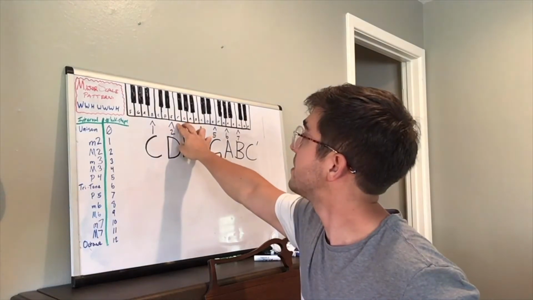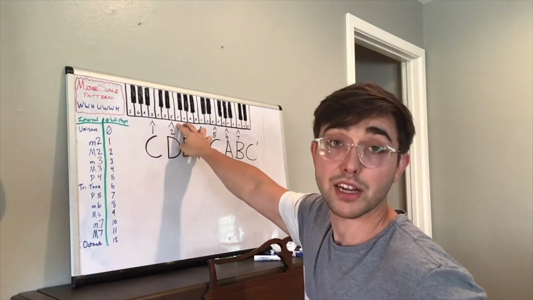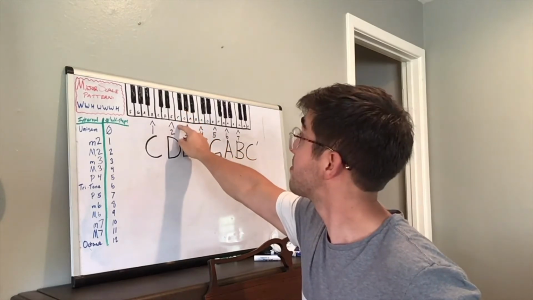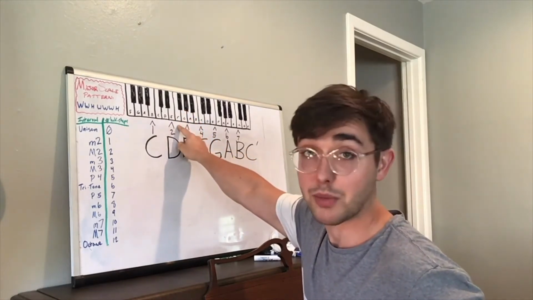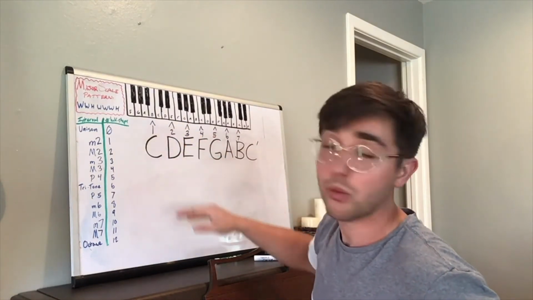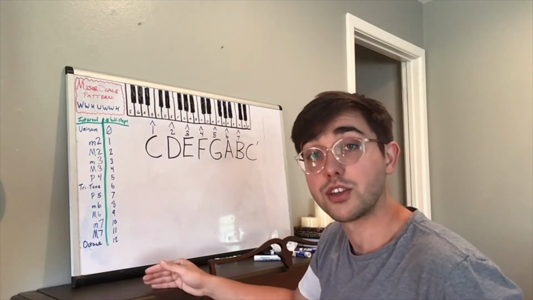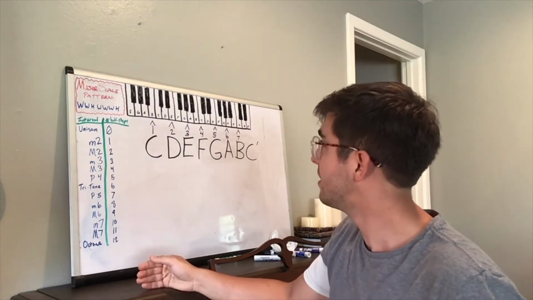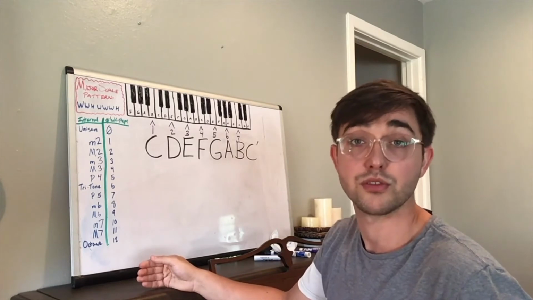Then from F to G, there's a black note in between them. You can see it. So that would mean that from F to G, that's a whole step. Going all the way through the major scale and figuring out where those whole steps and half steps are. Again, in a C major scale, we only use those white notes.